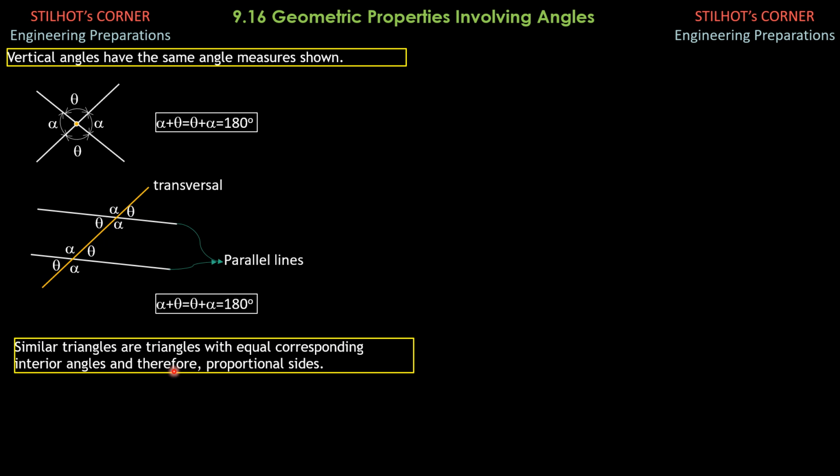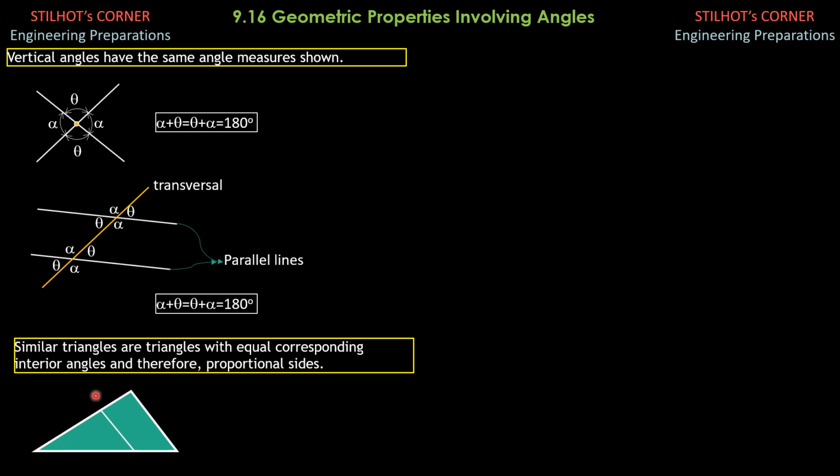Because for similar triangles, sides are proportional, the ratio of corresponding sides must also be equal. So for instance, we have a triangle with this line here parallel to that, so we apply this principle of parallel lines.